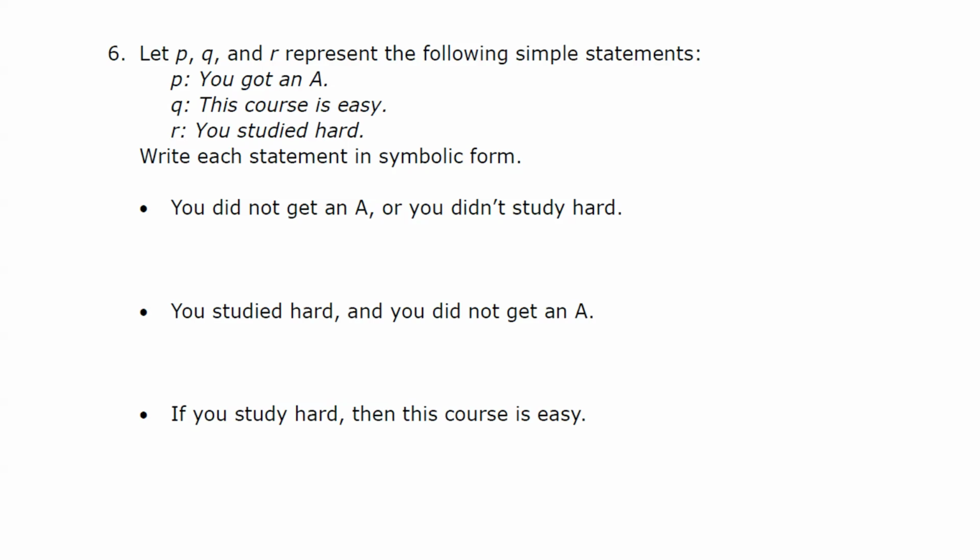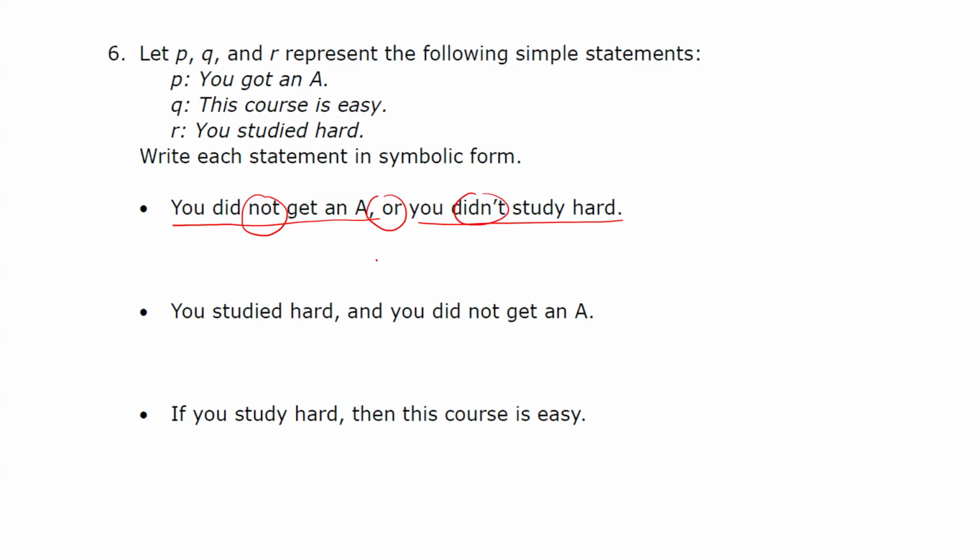Okay, number 6, we have 3 statements, P, Q, and R. P is you got an A, Q is this course is easy, and R is you studied hard. So the first one, you did not get an A, or you didn't study hard.